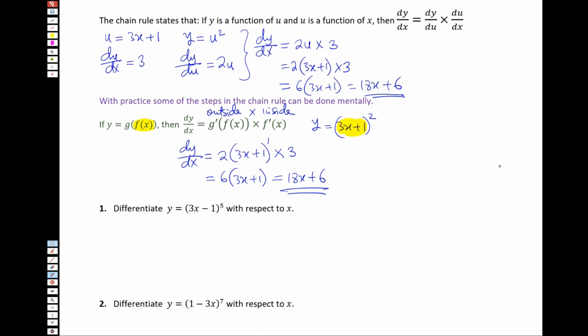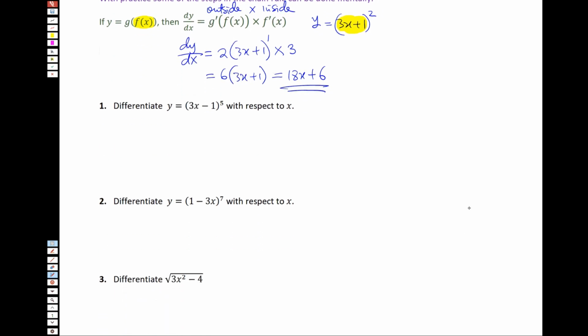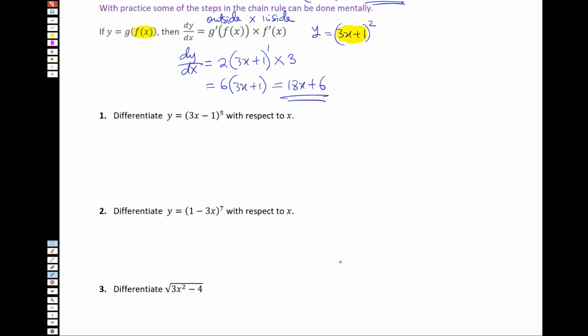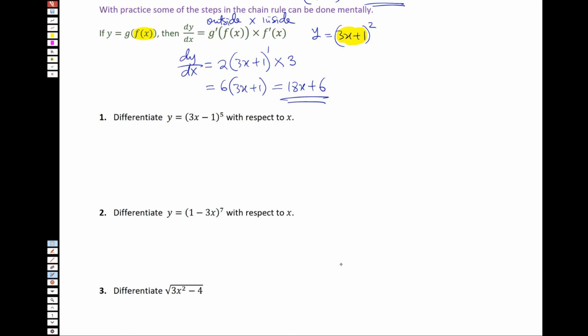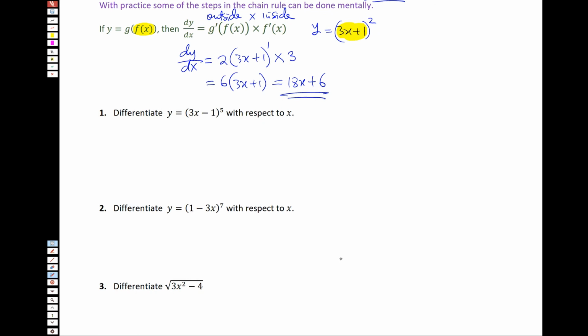Okay, so moving on, let's try and apply these methods in these questions. So I'll start with number 1. Basically, I'll apply this method here. So that will be the inside, and of course the outside will be something to power 5.